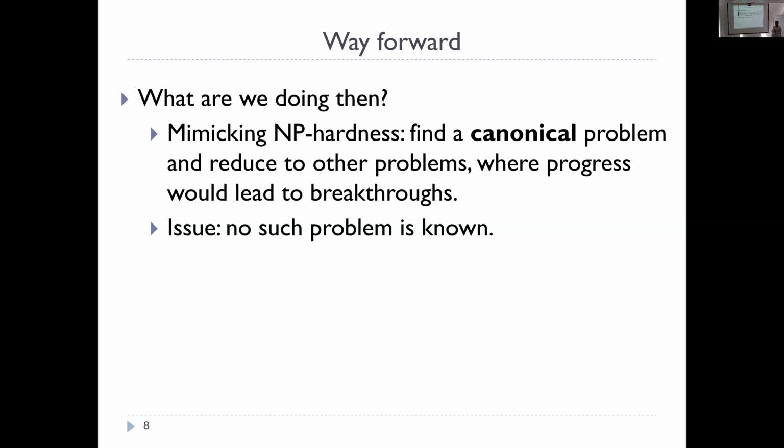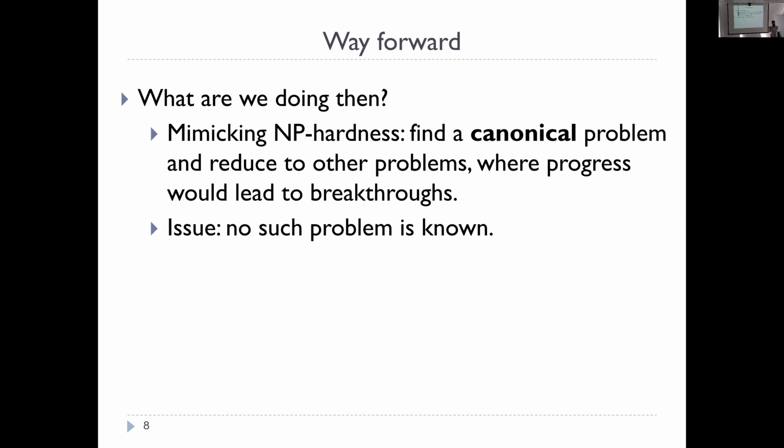One way to try is maybe to mimic NP hardness, right? So SAT was proved to be NP hard, and then people showed reductions from SAT to many other problems. And then the conclusion was that breakthroughs in those problems, so faster algorithms for those problems, would imply a big breakthrough in that field, right?